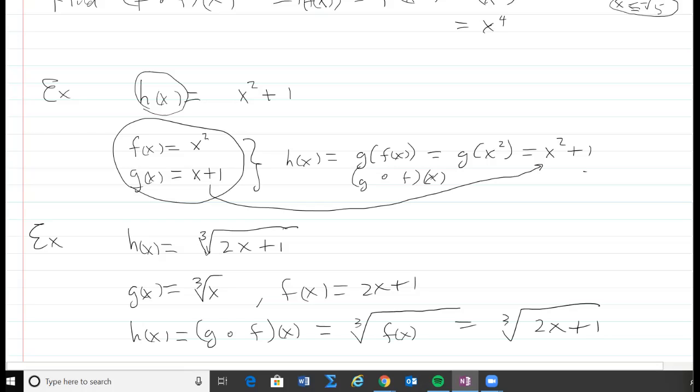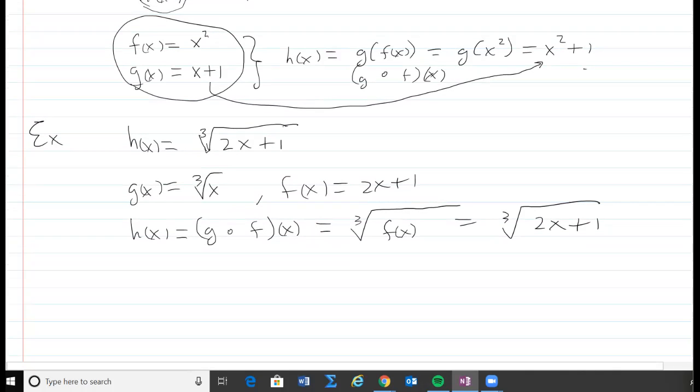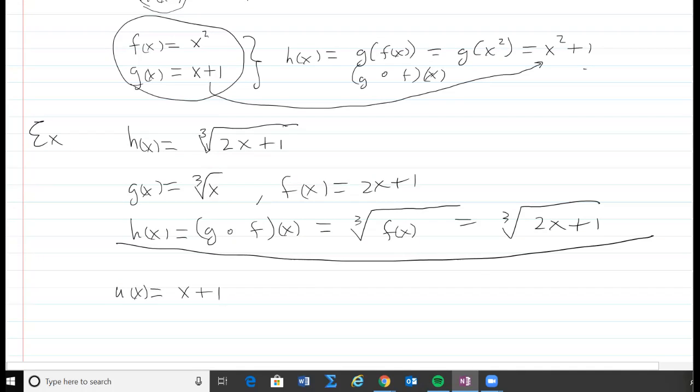Sometimes you can have compositions of compositions. Somebody else might say, what if I had a third function involved here? Let's say I had u of x equal to x plus 1, and f of x equal to 2x, and g of x equal to the cube root of x.